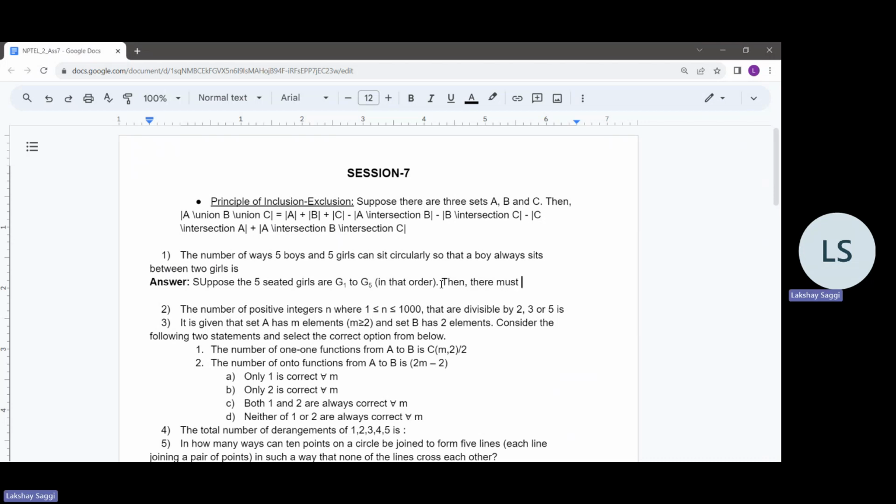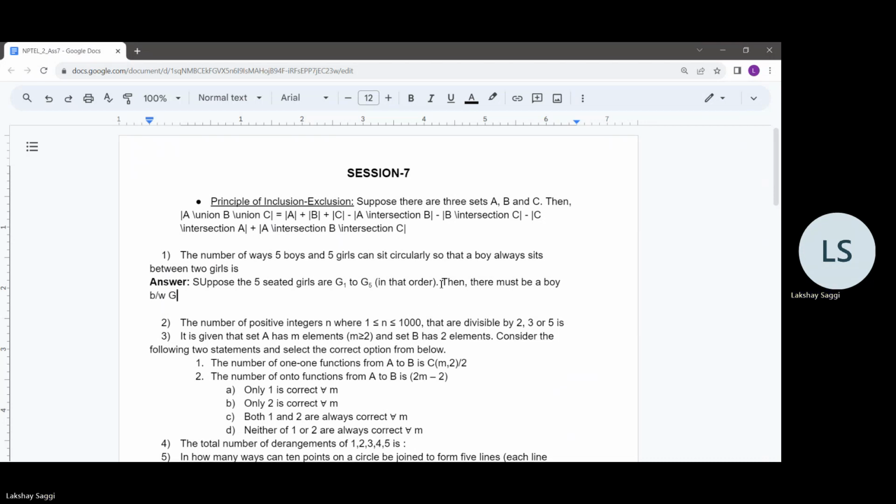Then there must be a boy between G1 and G2. This is easy to see. Similarly, between G2 and G3, similarly G3 and G4, and similarly G5 and G1. Because there are only 5 boys, this is the only possible way in which they can be seated.